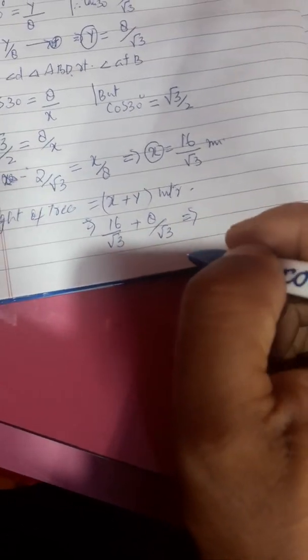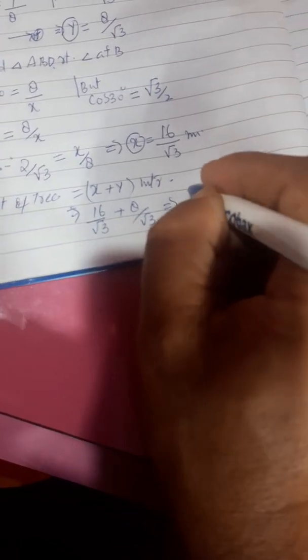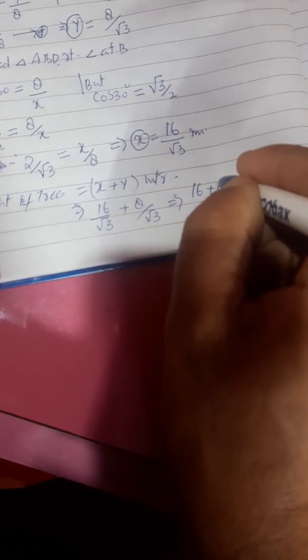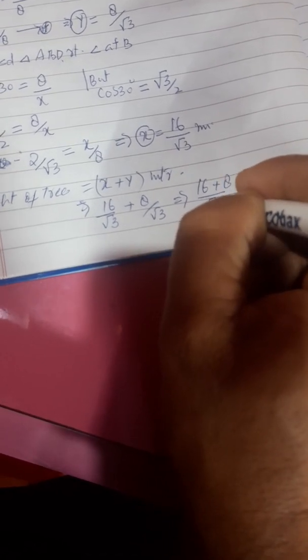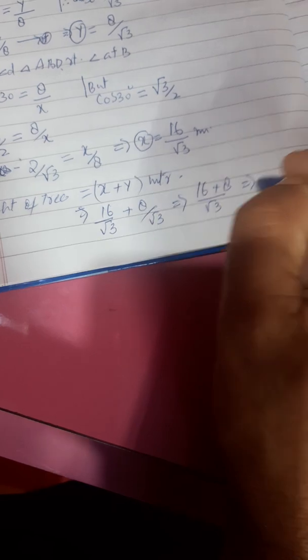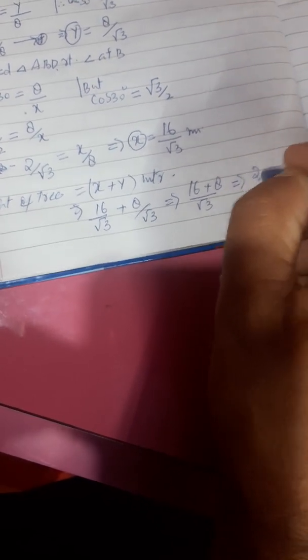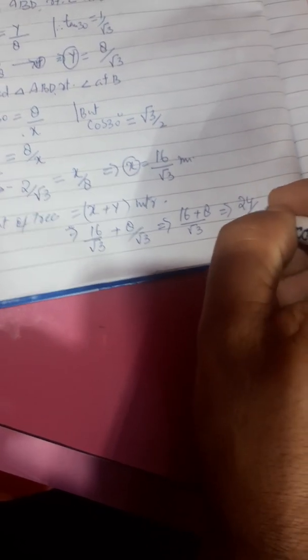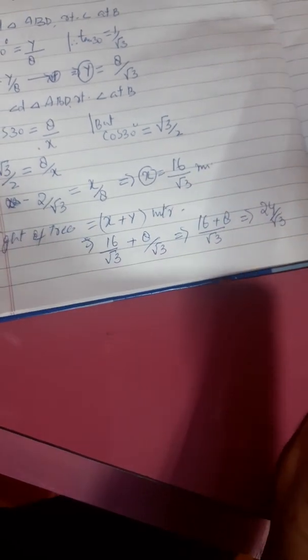Since in the denominator we have the same value, we will write it as 16 plus 8 by under root 3. So 16 and 8 make 24 by under root 3.